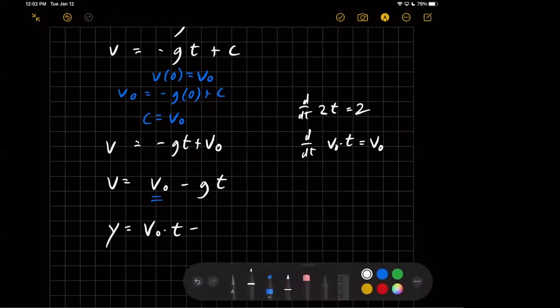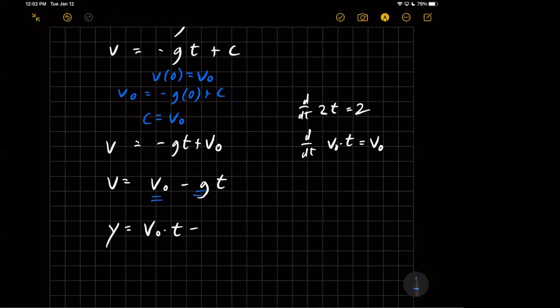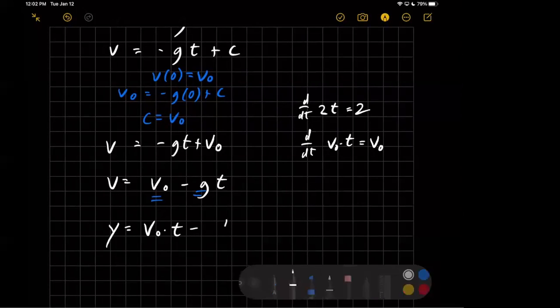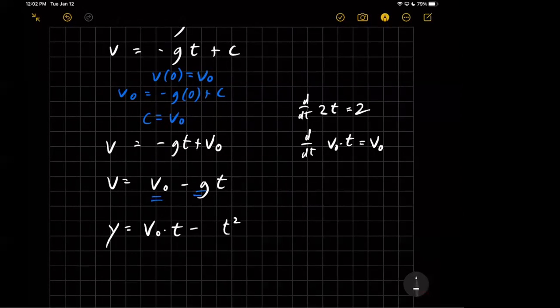Now, once again, remembering that g is a constant, we need to make the t go up a power. So that'll be a t squared. We need something in front of it so that when we take the derivative, we end up with gt. If I put a g here and I take the derivative, it will be 2gt. So if I put a factor of 1/2 in front, now when I take the derivative of that term, I'll end up with minus gt.